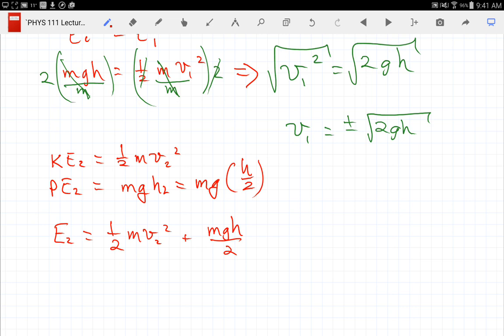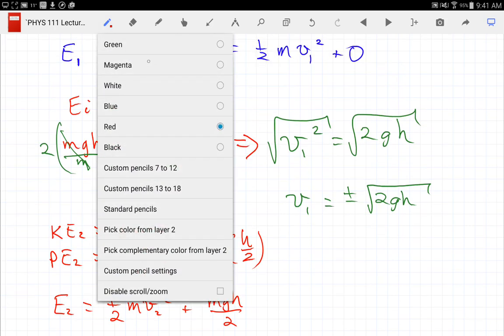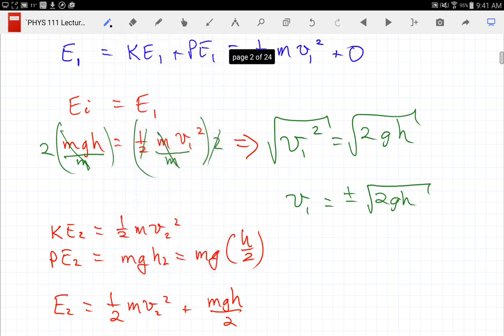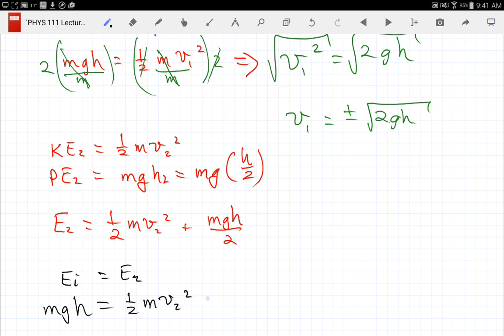Now that I have that, what was step 3? Set them equal to each other. So now I simply set them equal to each other. So the energy initial is equal to energy 2. So mgh is equal to 1/2 mv2 squared plus mgh over 2.